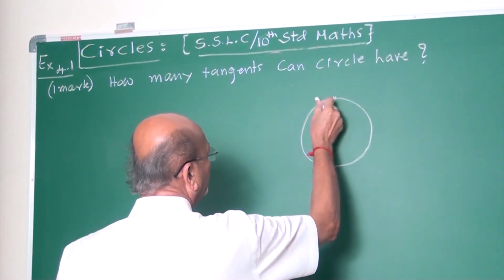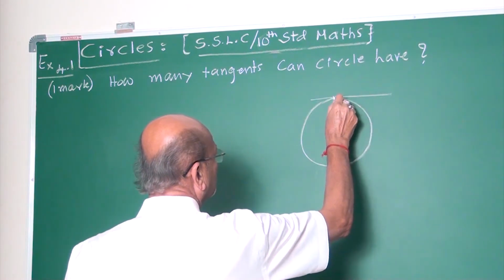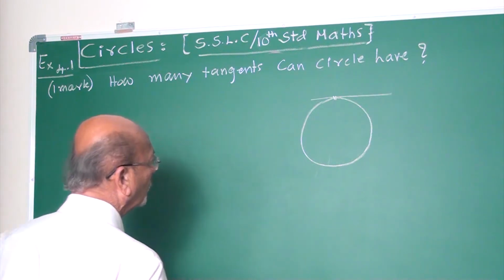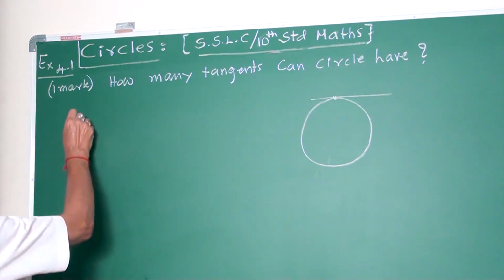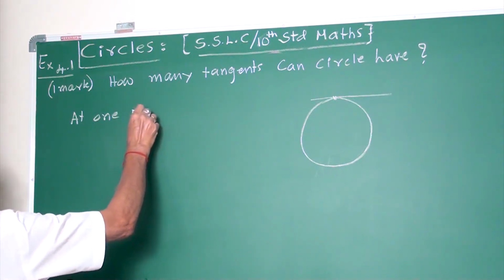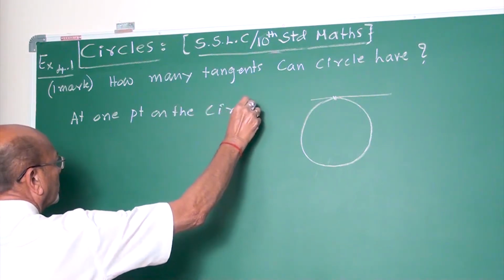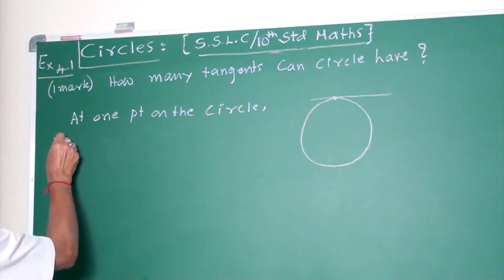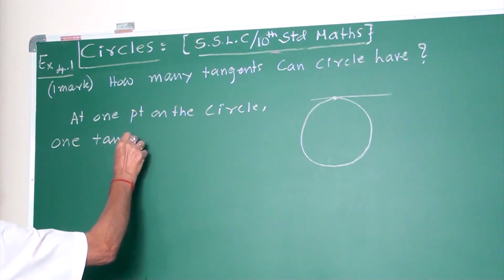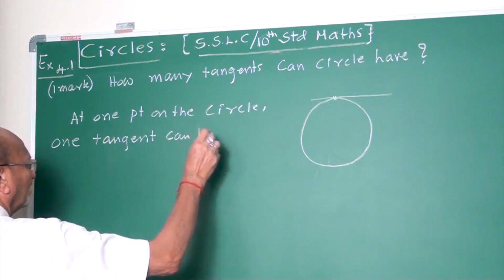At one point, we can draw only one tangent. At one point on the circle, one tangent can be drawn.